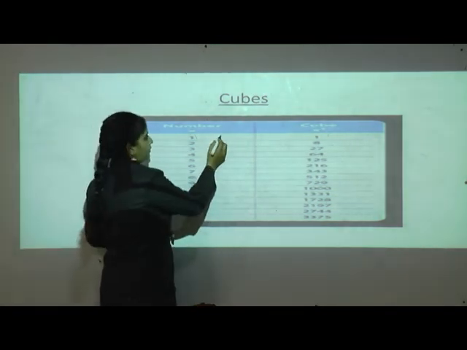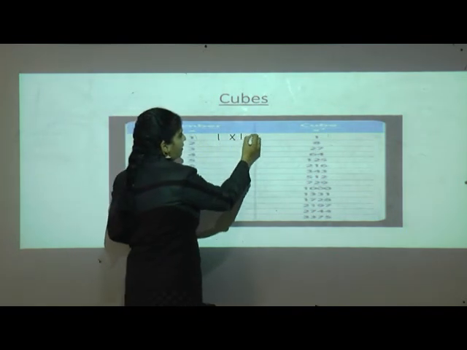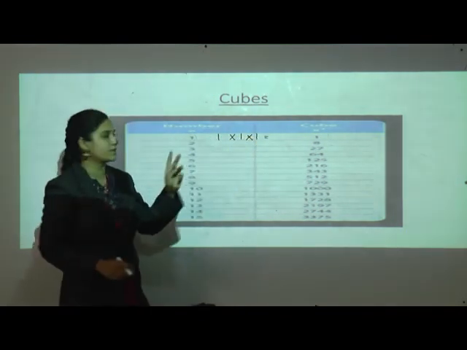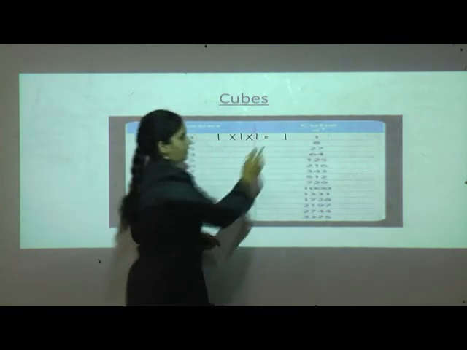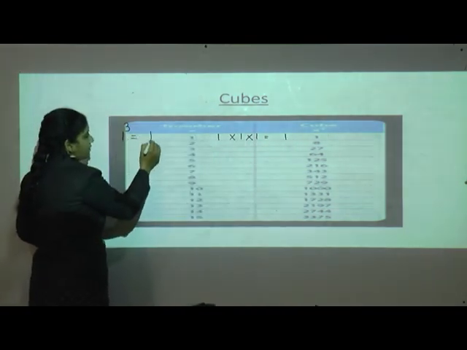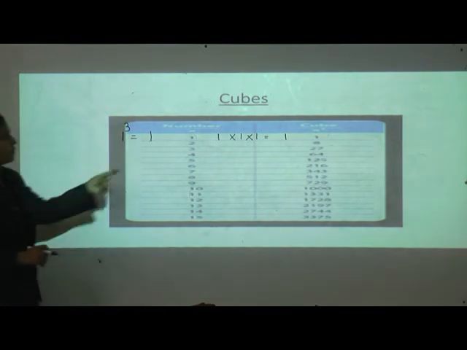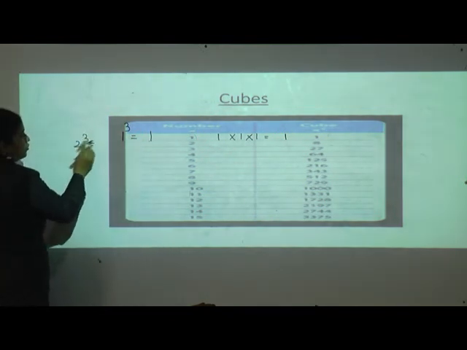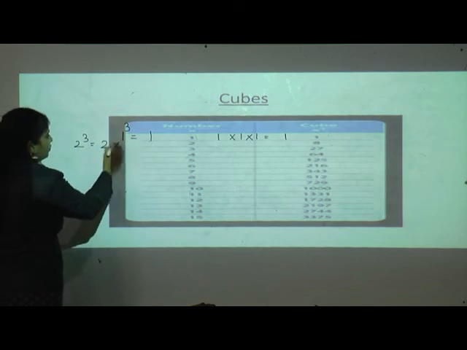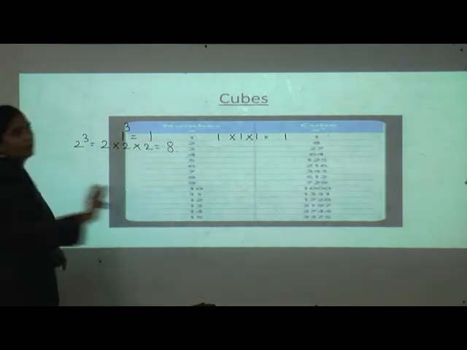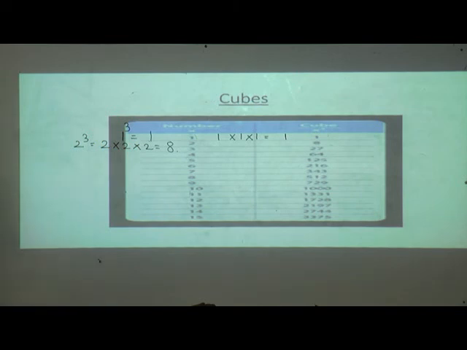Here we see 1 multiplied by 1 multiplied by 1. Just now I multiplied 1 three times. The answer is 1. So the cube of 1 is 1. Now about 2. The cube of 2 means multiply 2 three times. What will come to us? 8. Very good. That means the cube of 2 is 8.